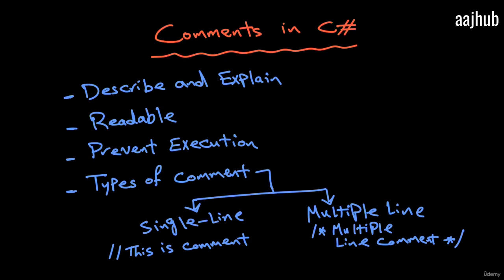And the program will ignore this type of comment also. This is also for human readability, to make it more readable and describe our code. Also, you can use comments to put hints about your code, or to prevent the execution of the C# code.